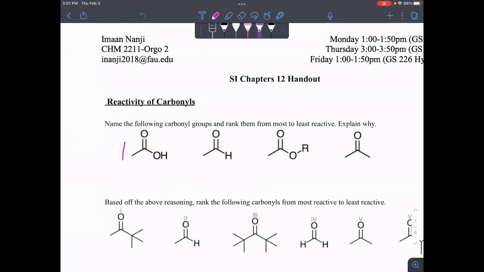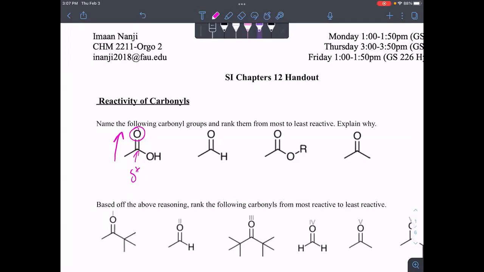There is a dipole moment on carbonyls because this oxygen is electronegative, and the center carbon is electrophilic. This is why we get reactions with carbonyls. So when we do an addition reaction to one of these, we're just taking a nucleophile, and we know nucleophiles like to attack electrophiles. So that's exactly what happens. That's the general idea for this entire chapter.